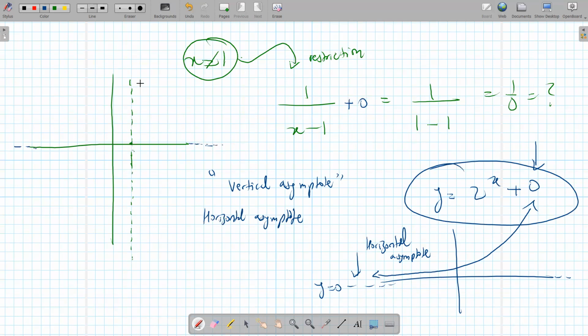And the graph of this looks like this. Don't worry too much about it. But the point is, it's very difficult to know what the graph exactly looks like. So maybe in that case, the algebraic way will be more efficient. This is the basic one, 1 over x.